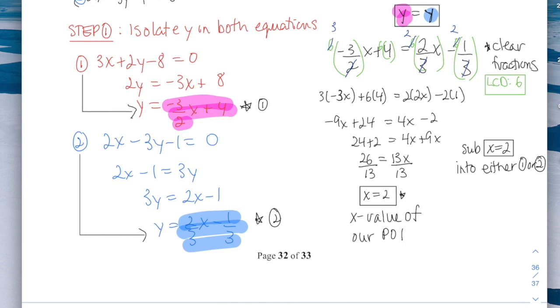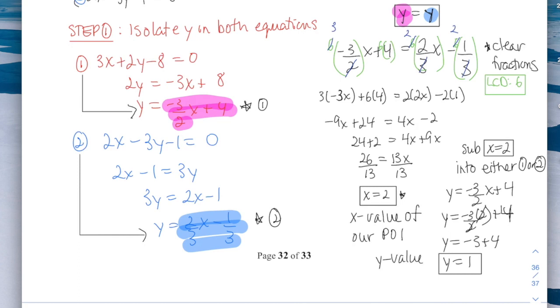Okay, so let's sub it into equation 1. Okay, so now we have found the y value of our POI.